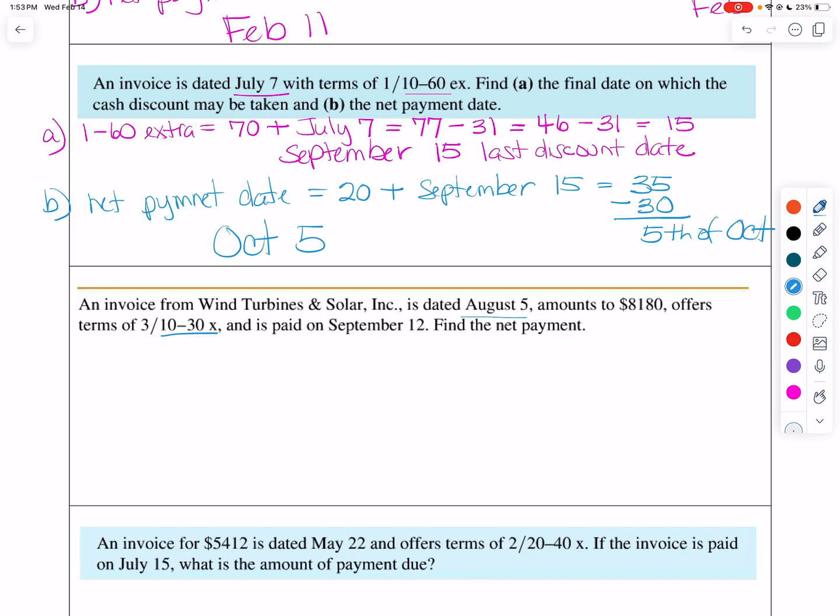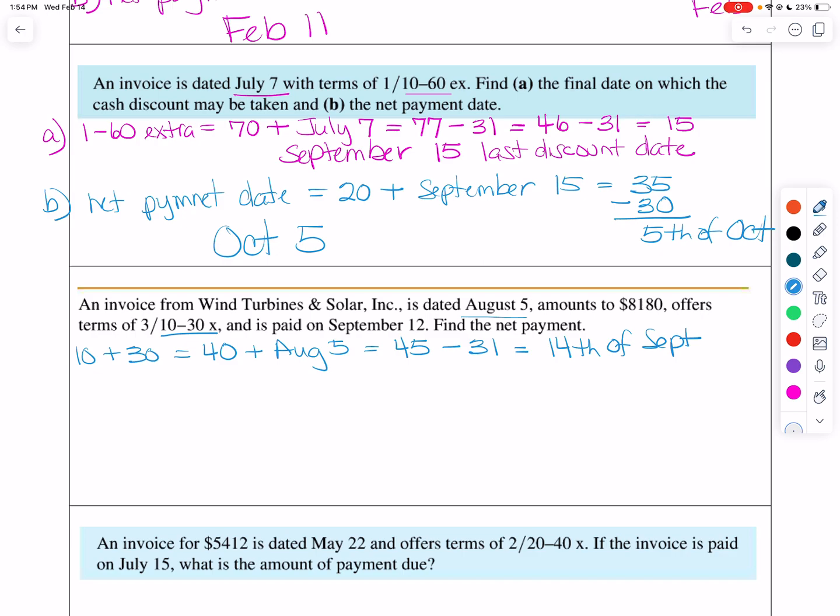So we're going to take 10 plus 30, or 40 days, plus the invoice date. And so that would be August 45th. There are 31 days in August, and so that leaves me the 14th of September.